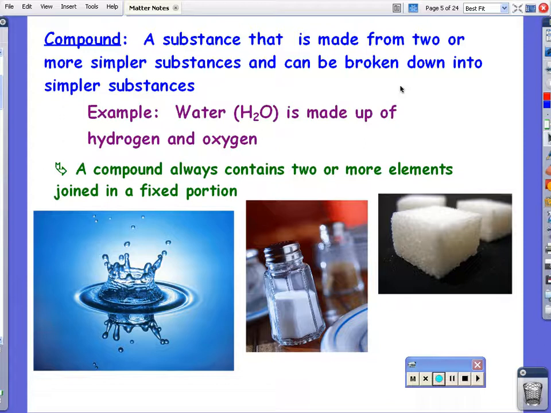It can be broken into simpler substances, but it's not easily done so. H2O, for instance, can be split into hydrogen and oxygen, but it's not very easy to do. Sodium chloride is a little bit more difficult to break down to its elemental components, but it technically can be done.